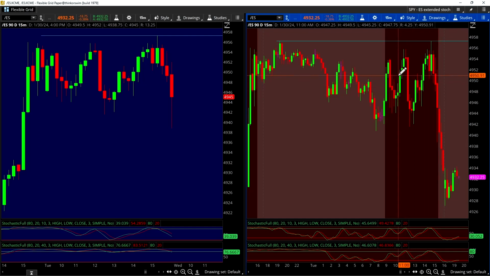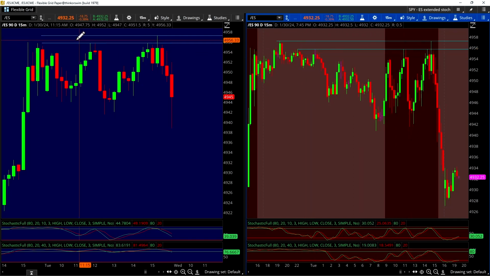And then this level right here, that would have been another resistance to draw in, and boom, that matched up there, and that would have matched up here too. And you see, you could have drawn it there to there, and so that lines up with the lines that we drew over in this chart.